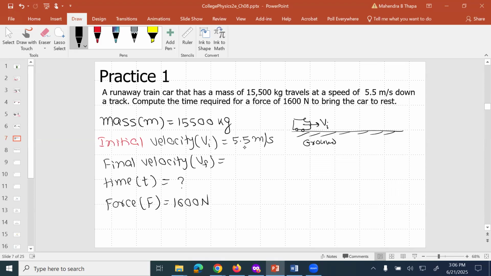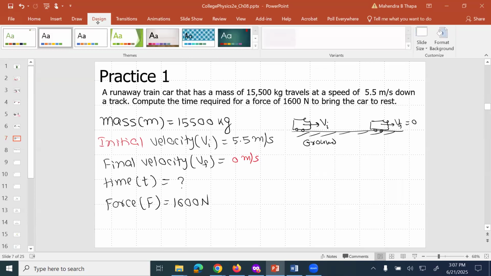Because of this force, which brings the car to rest, V final is equal to 0 because it stops. So this will be 0 meters per second. Our goal is to find the time interval to come to a stop.